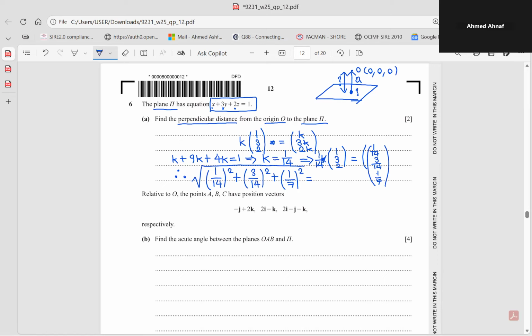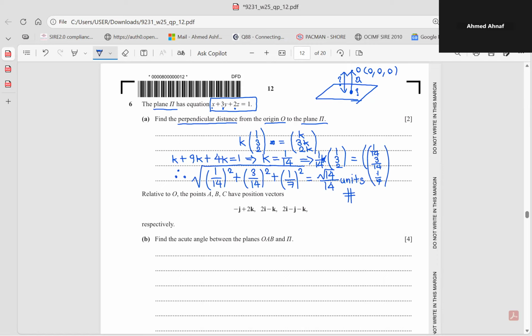So I get 1 over 14 squared plus 3 over 14 squared plus 1 over 7 squared, and you would get square root 14 over 14 units as your final answer. So yeah, this would be our final answer for the first part.